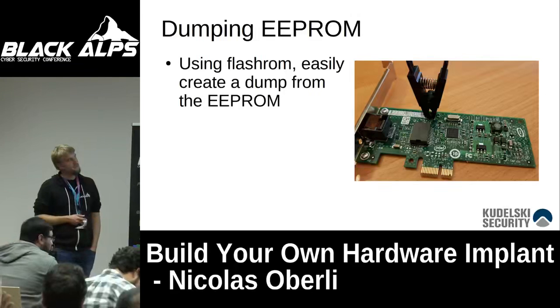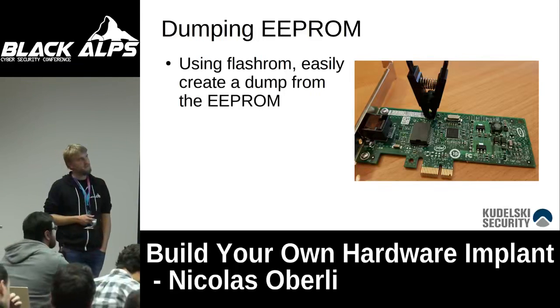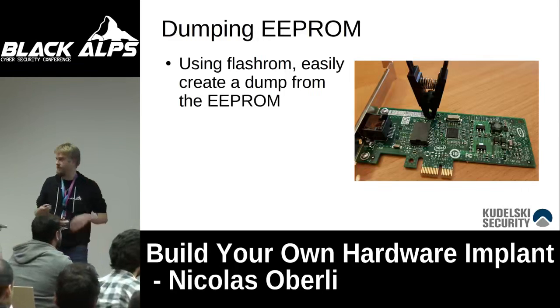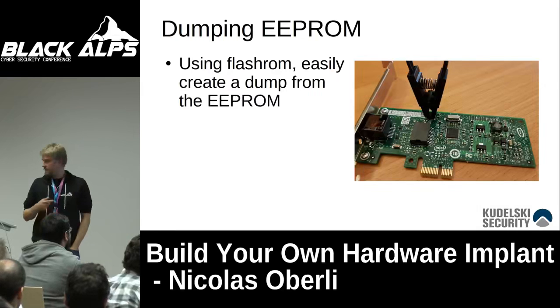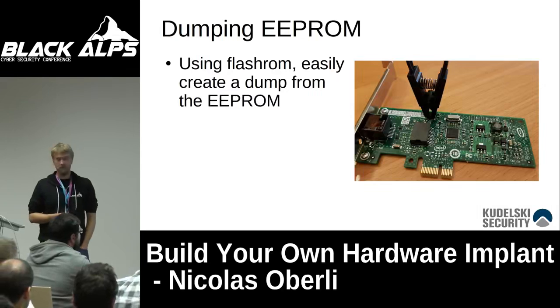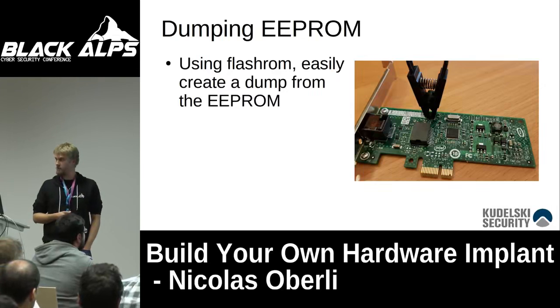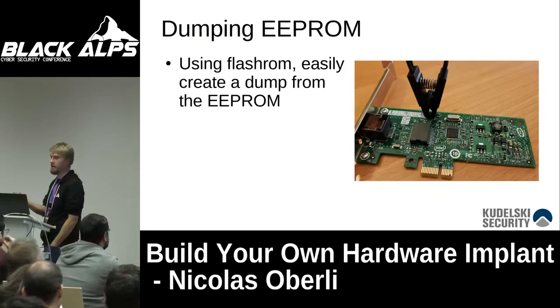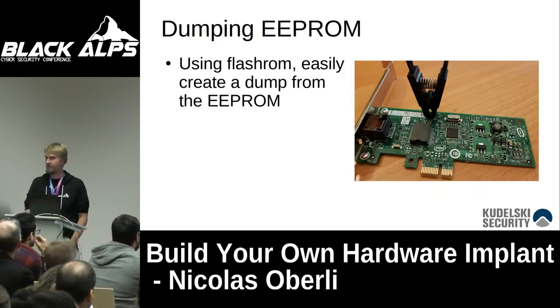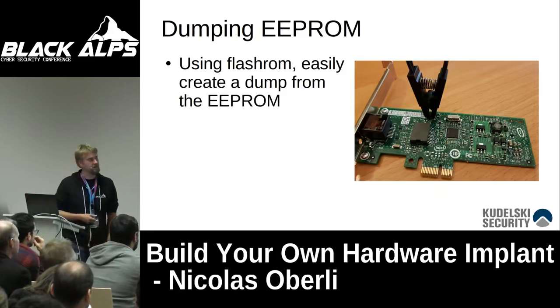Here you see that this is the EEPROM, and the only wiring is directly to the chip. So there's no way to actually use that. Good thing is that on some of the cards you can use ethtool on Linux to actually ask the card for the EEPROM. Some of the cards, like Intel ones, actually allow you to dump the EEPROM, but that's not always the case.